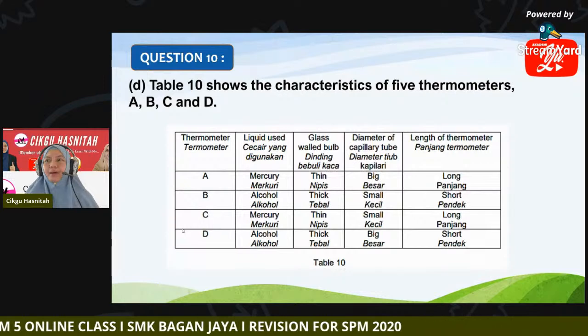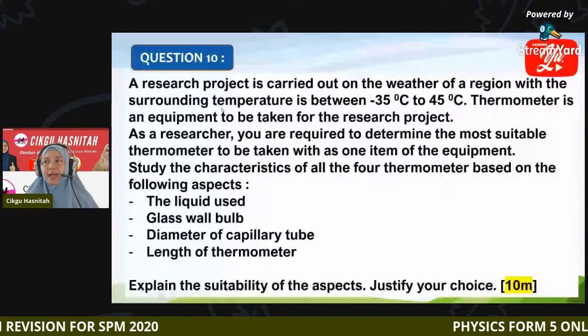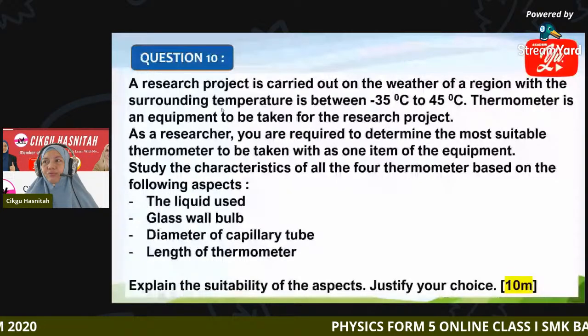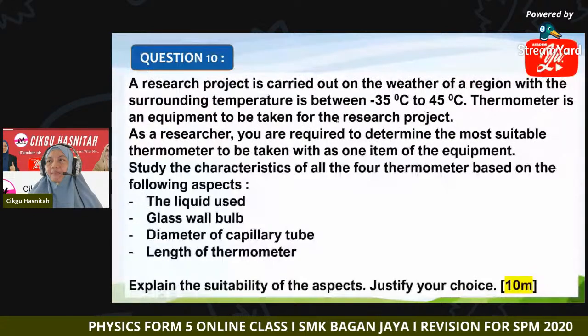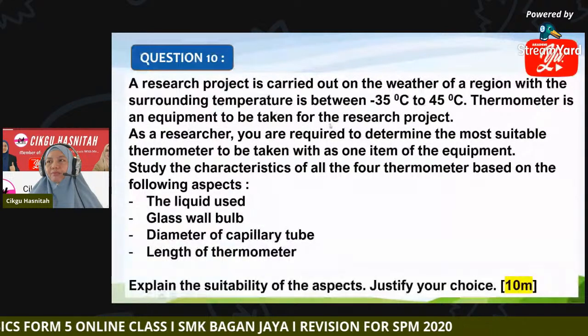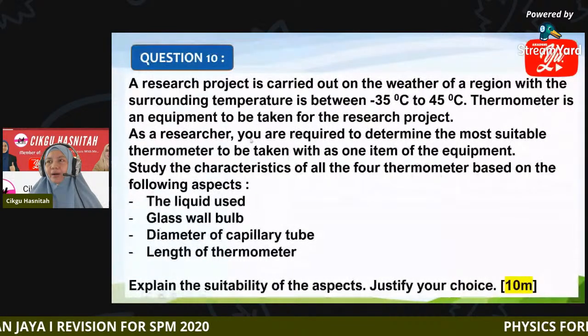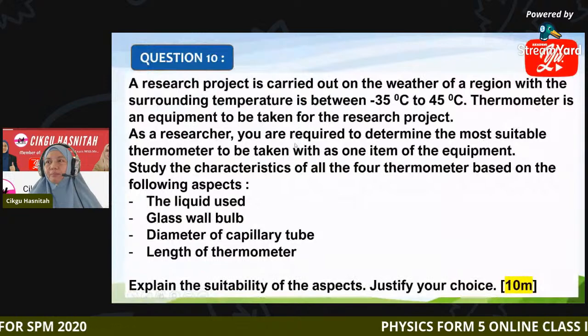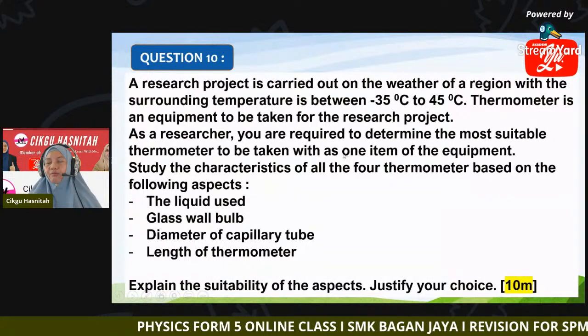A research project is carried out on the weather of a region with surrounding temperature between negative 35 to 45 degrees Celsius. A thermometer is an equipment to be taken for the research project. As a researcher, you are required to determine the most suitable thermometer to be taken as one of the items of equipment.